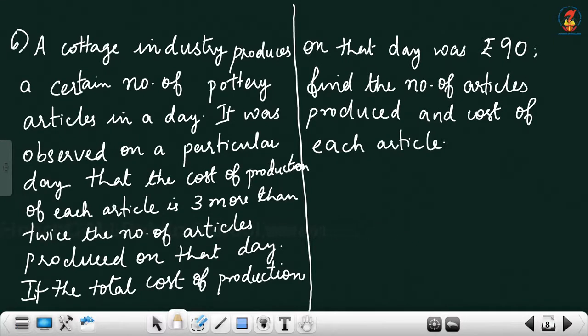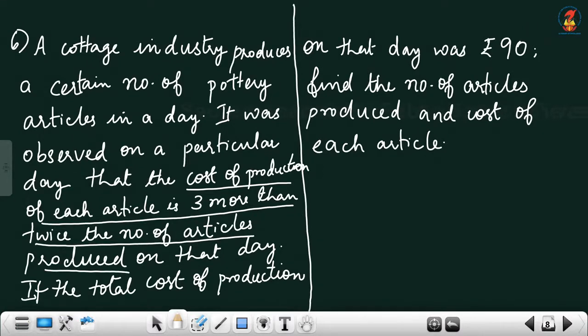So this is the 6th question from that exercise. A cottage industry produces a certain number of pottery articles in a day. It was observed on a particular day that the cost of production of each article is 3 more than twice the number of articles produced on that day.